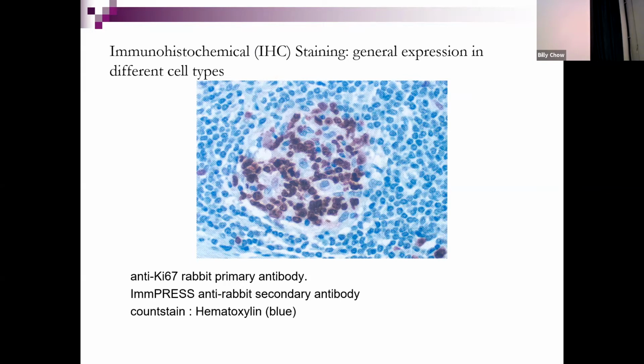As you see, this purplish brown color is developed, and these are the cells expressing your protein of interest. Okay, so it is called immunohistochemical staining. If you look at individual cells, there's immunohistochemical staining.